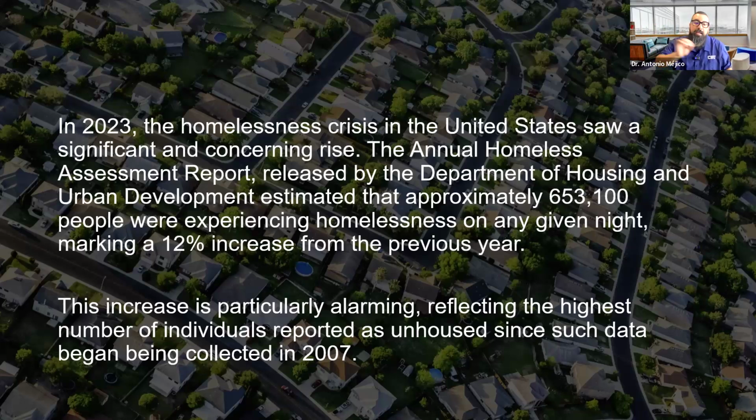Imagine that every night here in the United States, 653,000 people are experiencing homelessness. This increase in particular is alarming, reflecting the highest number of individuals reported as unhoused since such data began being collected in 2007. What we are seeing is that there are still more individuals who are unhoused, and it's growing every single year. This trend is continuing to increase.